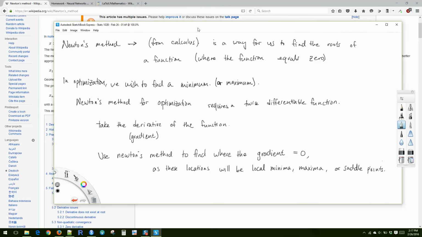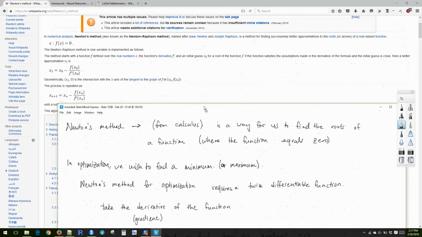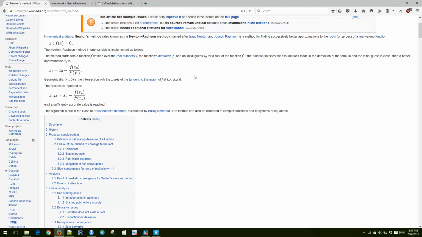Do I need to get into Newton's method even more, or not really? So basically, to find where the gradient is equal to 0, with the function, you start off with an x0 point, and then you take the ratio between the value of the function at that point and the derivative at that point. Then you subtract that off, and that gives you x1, and then you just iterate that, right?